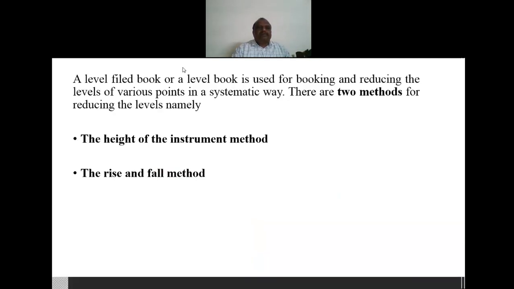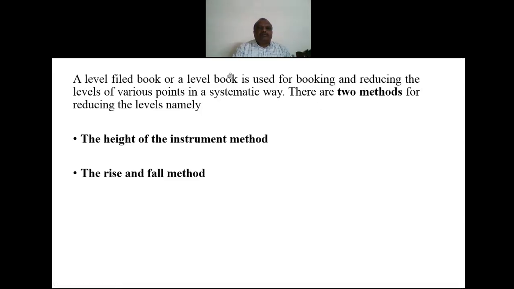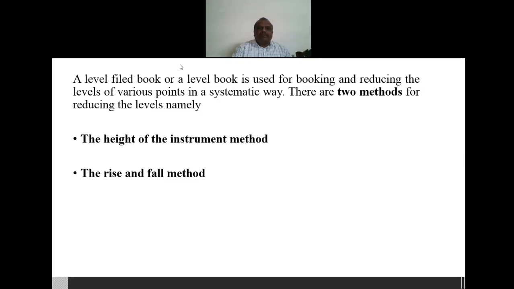Before discussing cross-sectioning and reciprocal leveling, we need to understand the book of levels. A level field book or a level book is used for booking and reducing levels of various points in a systematic way.